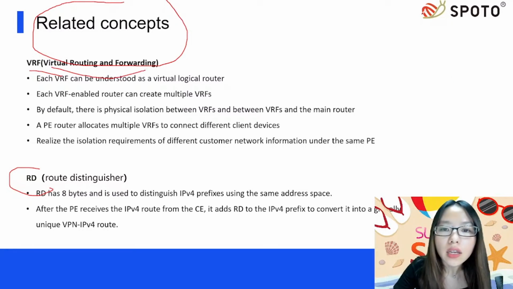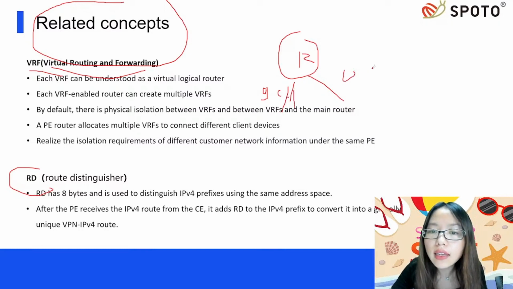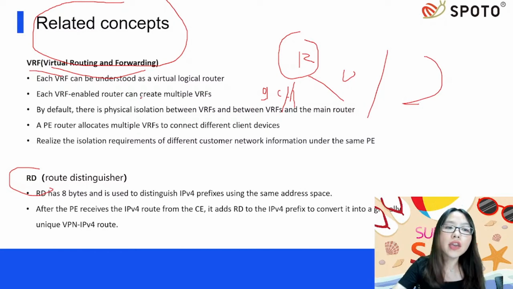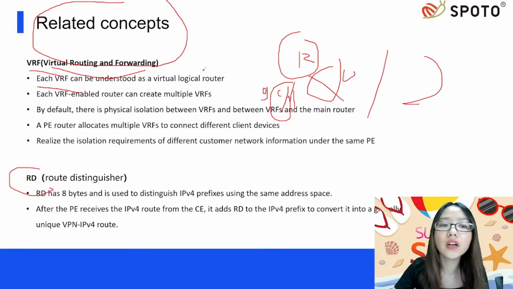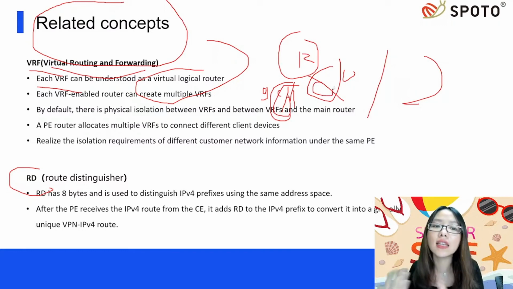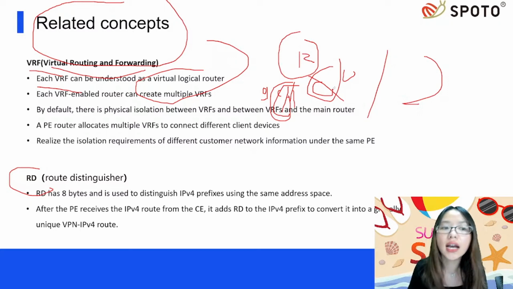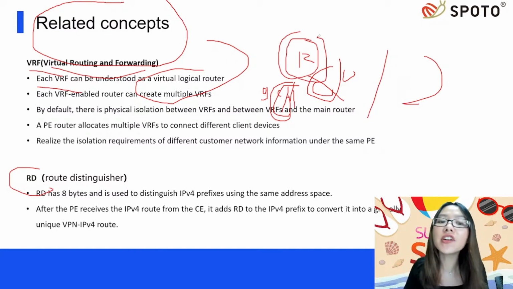If a router has interface 1 and interface 2, and we configure VRF on the router, each VRF can be understood as a virtual local router, a virtual logical router, and a VRF-enabled router can create multiple VRFs.